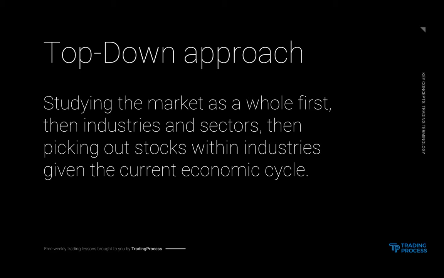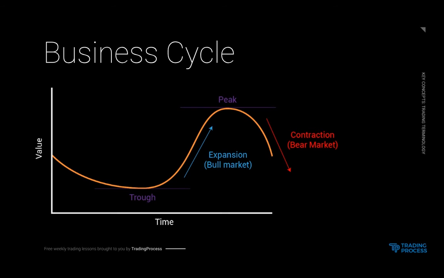However, if we know how to pick the right stocks, we can generate a greater profit. And bottom up is the exact opposite of this. In a bottom-up approach, you first look at the stocks, then you go into the industries, and then you look at the economy.